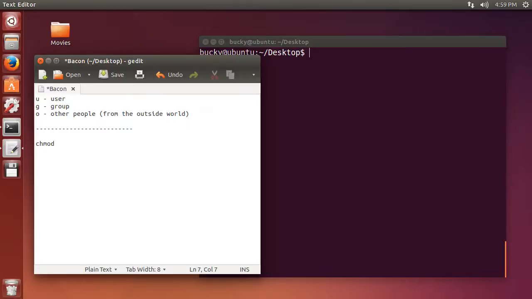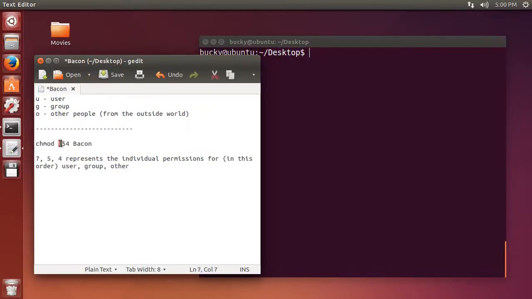What you can do is something like 754 and then the file name, which is bacon. So in this order, 754 represents the individual permissions for user, group, and other.